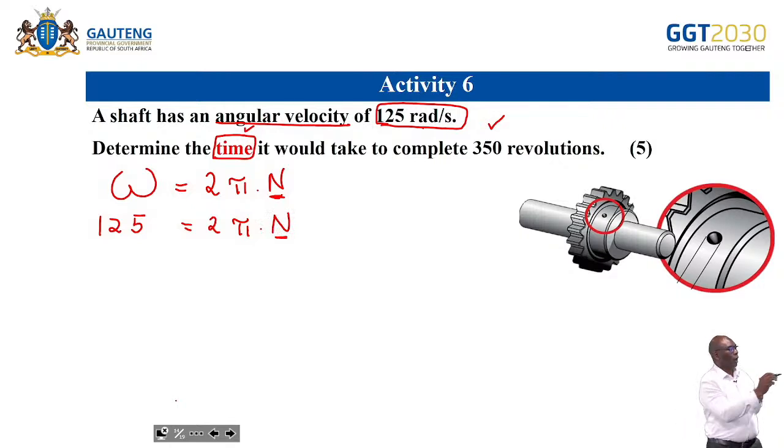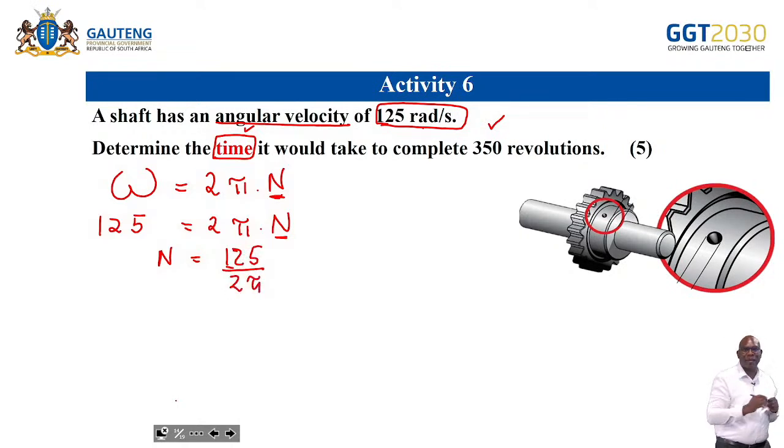So for us to find the n, we must have 125 divided by 2 pi. So the answer that we're going to get there will be n is equal to 19.89436.